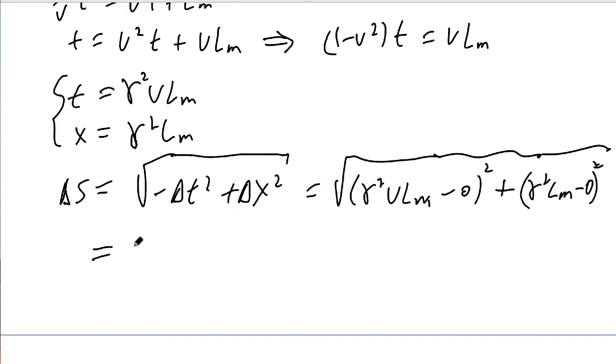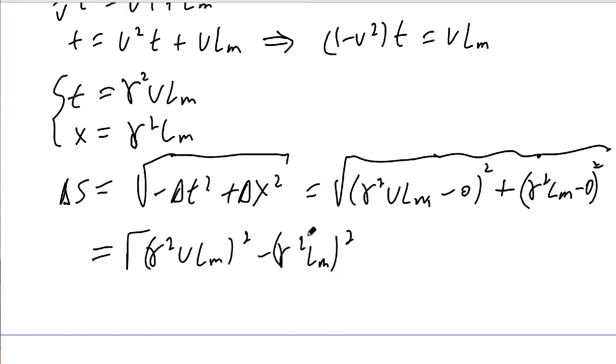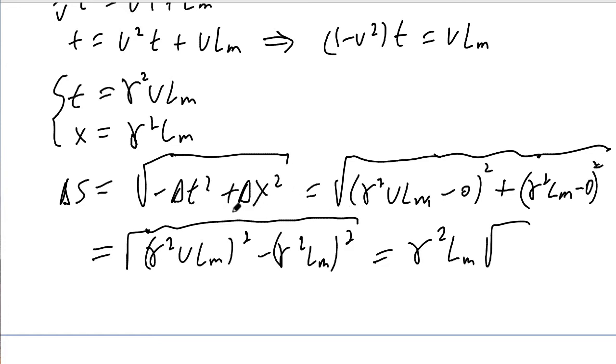All right, so simplifying this, we have (gamma squared v lm) squared minus (gamma squared lm) squared. You have a common term, gamma squared lm, in both of these terms under the square root, so let's factor that out. And under the square root, we're left with, and I see here I have the minus signs reversed.